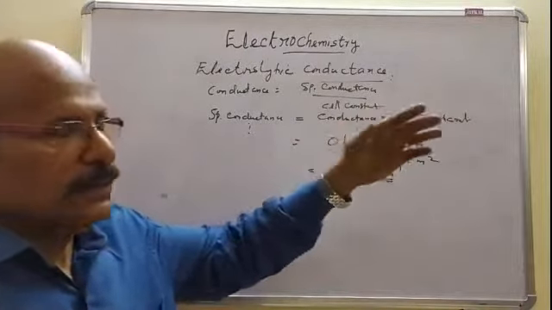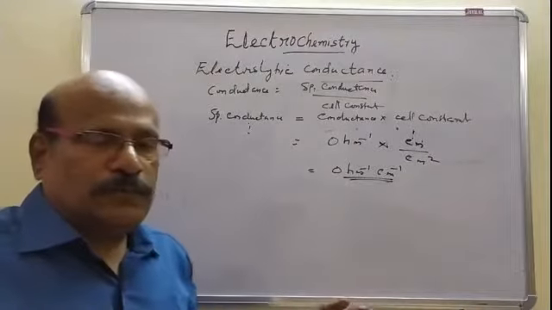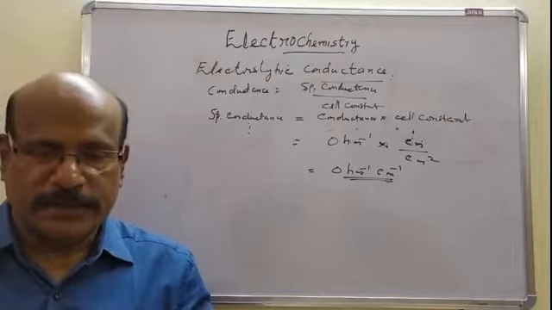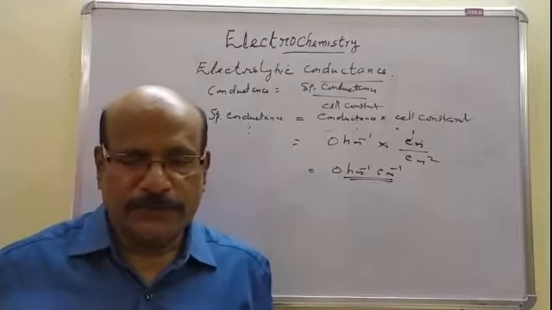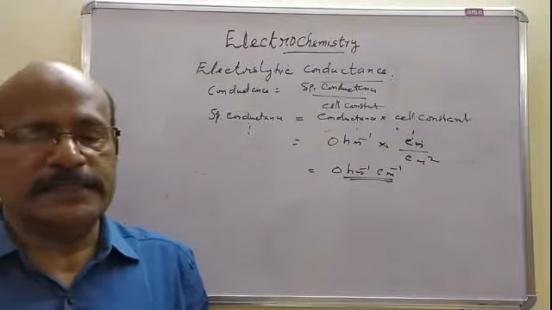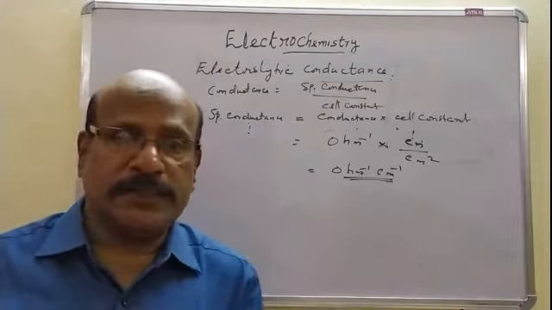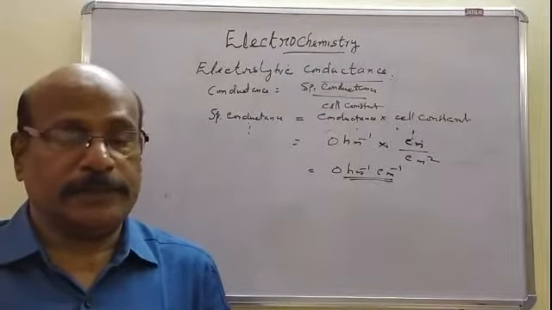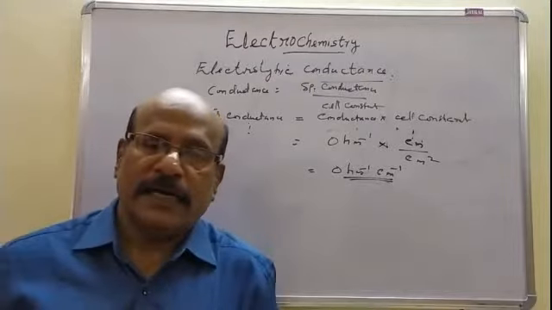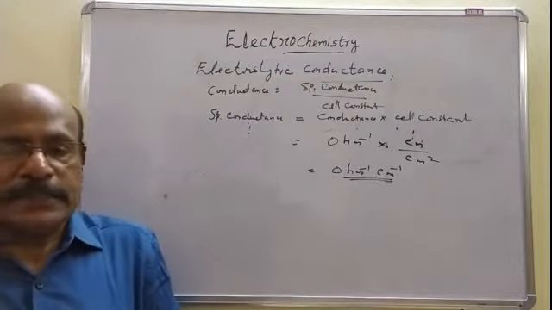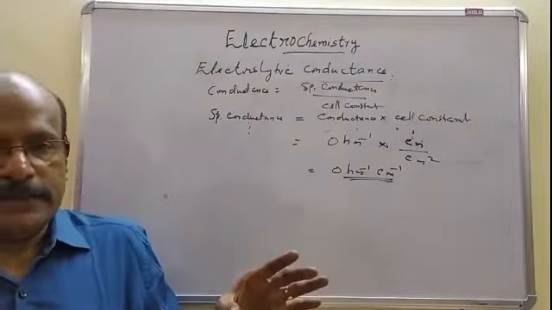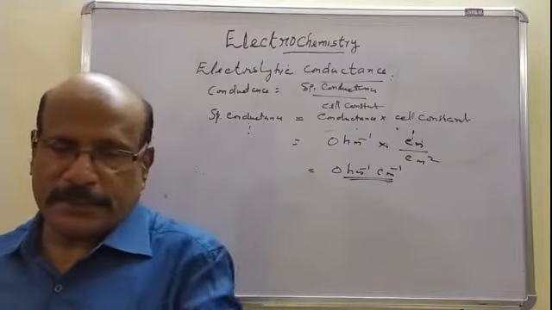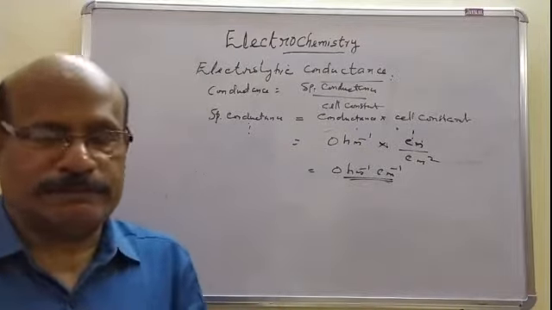Then we have with us an electrolytic solution, and all of you know that we have to measure the conductivity of the solution at different concentrations, or we have to prepare the electrolyte at different concentrations and measure the conductance at each concentration. Therefore, we should have a conductance term that is connected to the concentration of the solution.